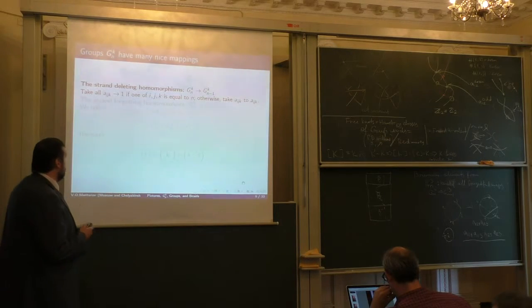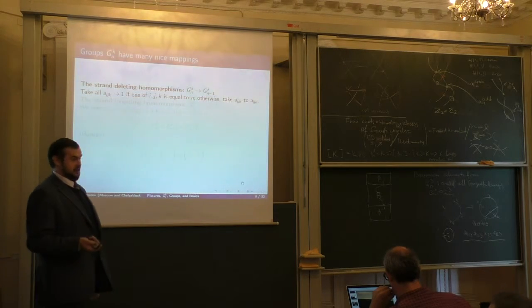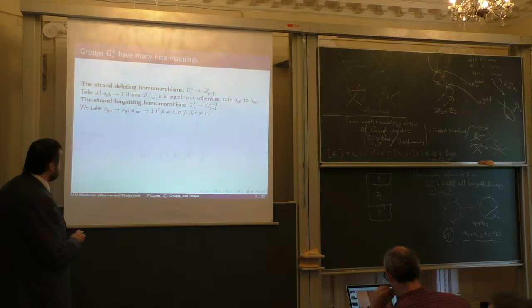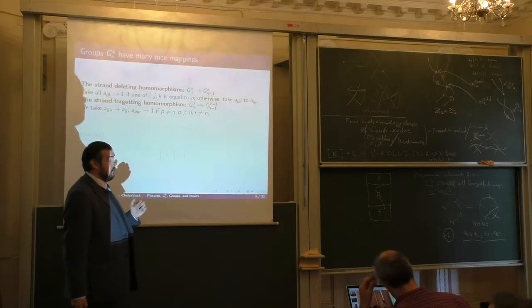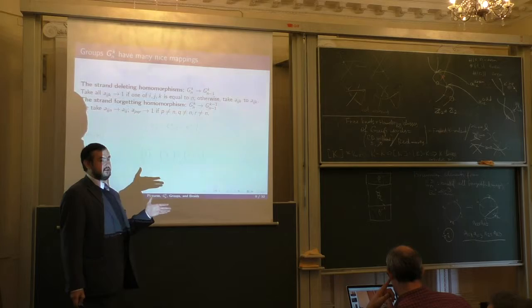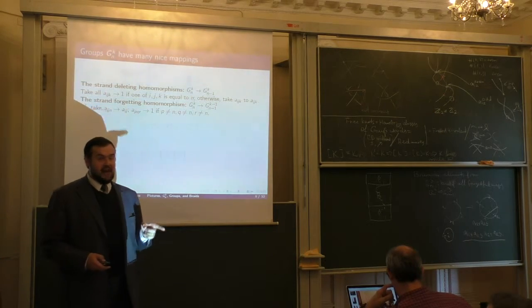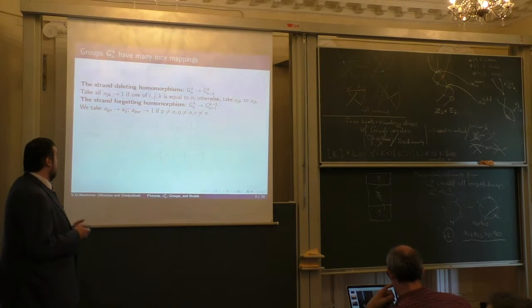And if we remove one strand, we get an obvious homomorphism from the group G_n^k to the group G_{n-1}^k. On the other hand, we can do the opposite: we keep the nth strand and take only those tuples which do have this nth strand.